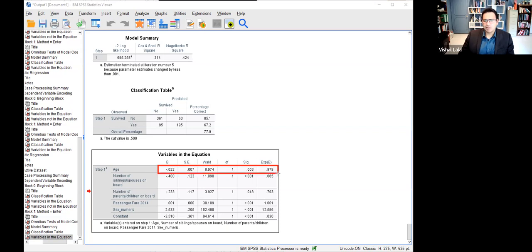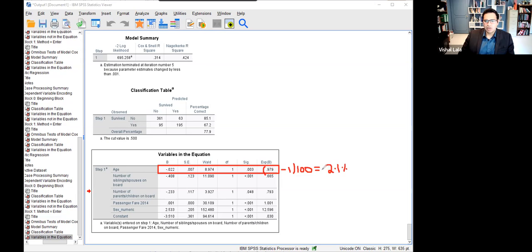What you can learn from this particular output is that when age goes up by 1 year, the likelihood of surviving changes by 0.979 minus 1 times 100, which is equal to about minus 2.1%.